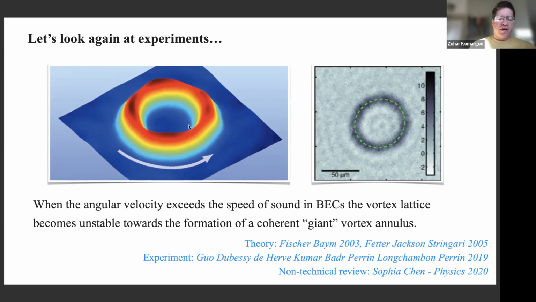And only in that strip, there is some superfluid density. And in the blue regions, it's like gapped. There is nothing there. So it's now believed that there is a growing amount of work by, you can look at this paper, for instance, and citations to this paper, of also mathematicians trying to show that this is the correct ground state when the angular momentum exceeds the speed of sound.